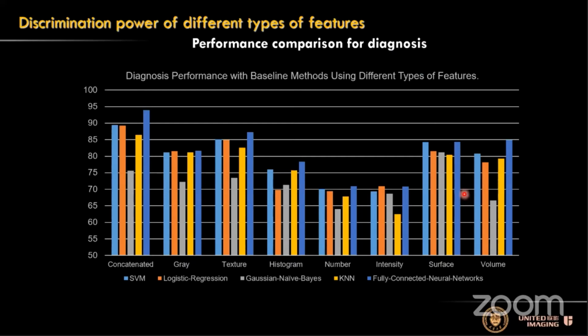We can find another fact that the concatenated features, that is, combining all the features, achieve much more promising results. So we want to ask another question: is there any strategy or any model we can design to further promote the diagnosis accuracy?